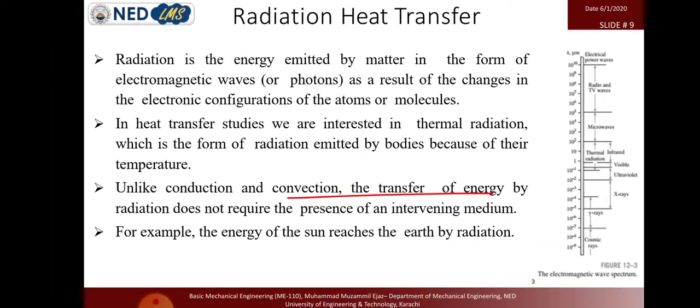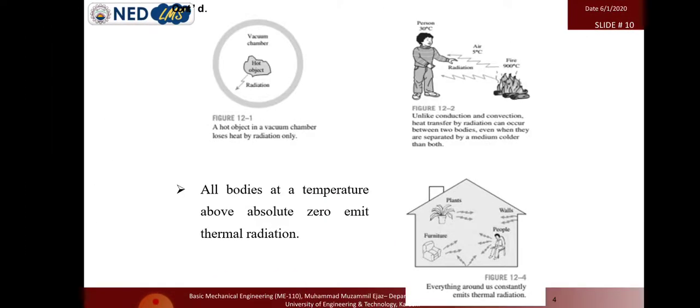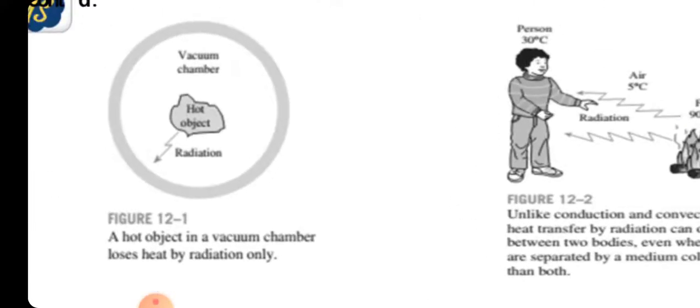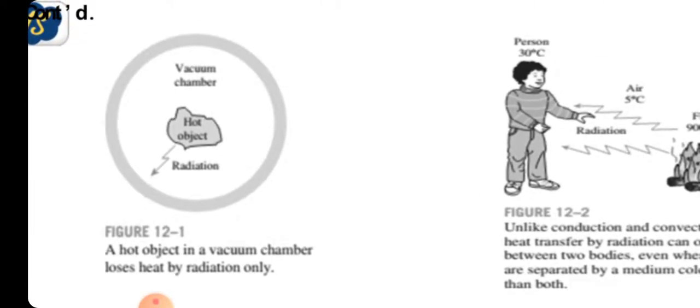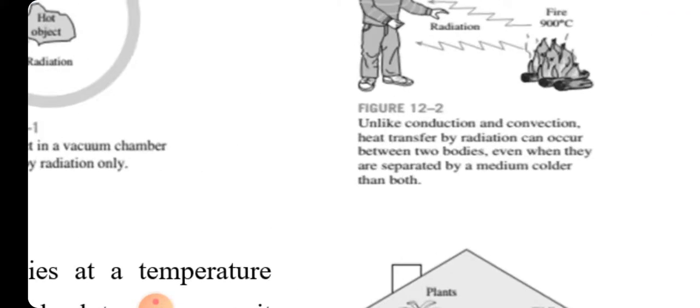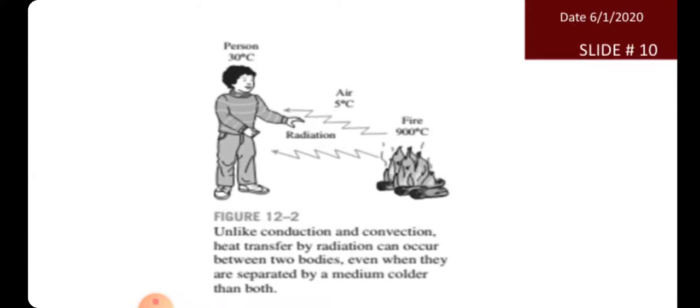Okay, I hope you well understand. We have different applications, for example, if we place a hot object in a vacuum chamber and there is no air or any medium, still we are getting heat from the outside area. Like an example of radiation, in winter we light up the stove and get heat, and we get thermal comfort.